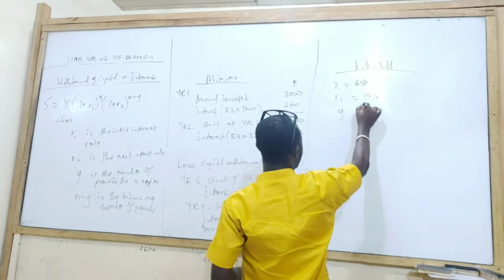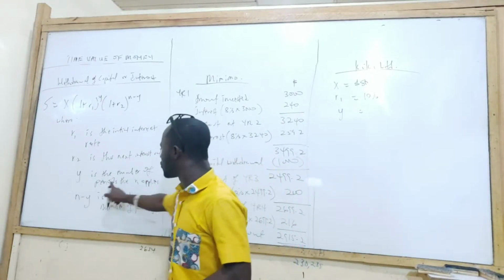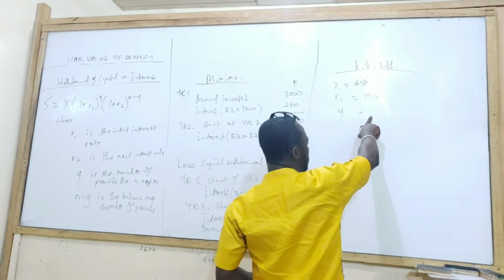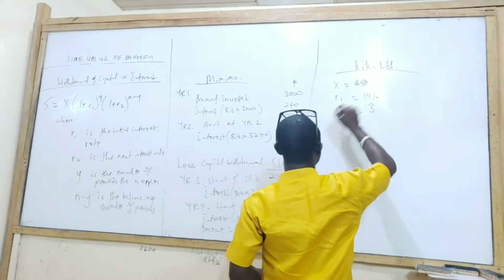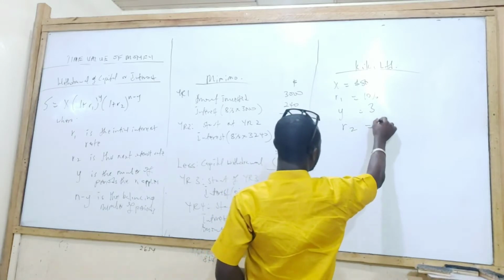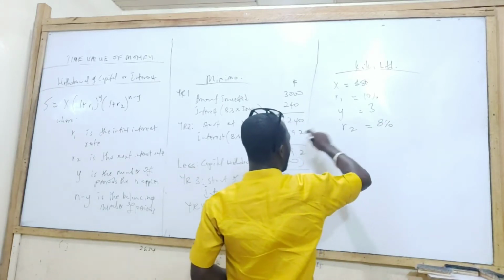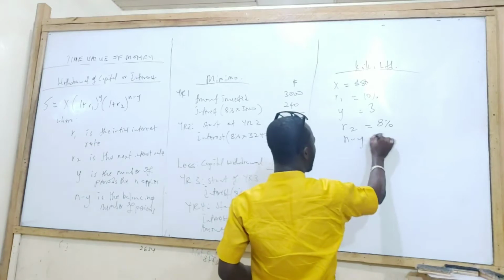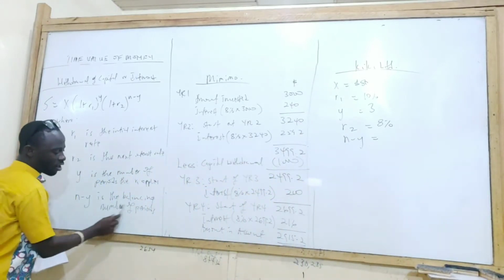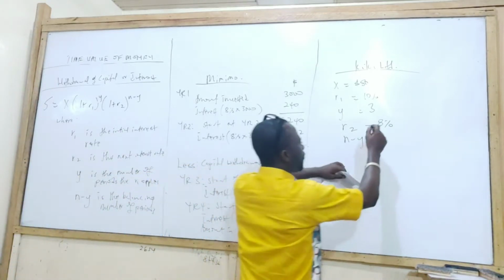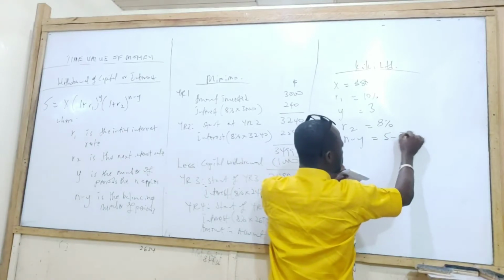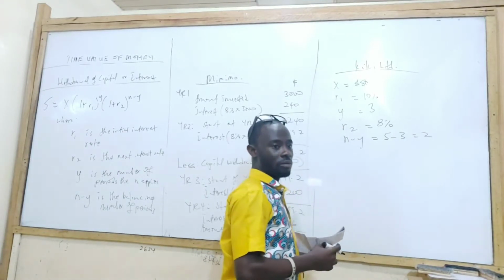Y is the number of years the initial interest rate applied: 3 years. R2 is the next interest rate, which was 8%. N minus Y is the balancing number of periods. If the whole thing is 5 years and 3 years is at 10%, then the balancing period will be 2 years.